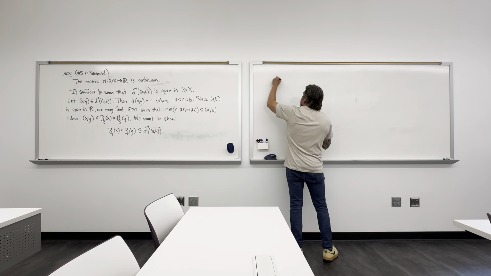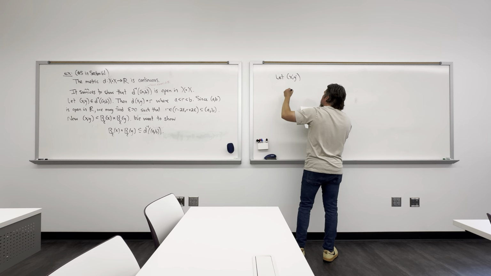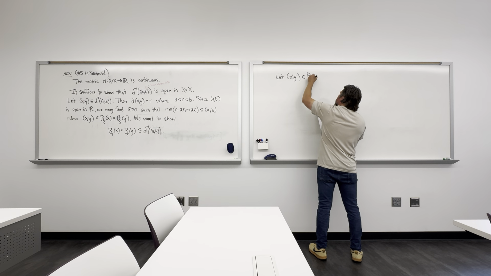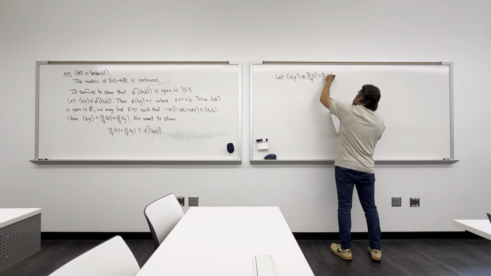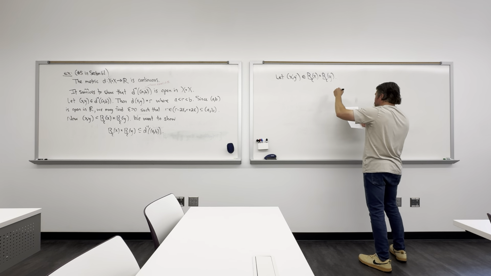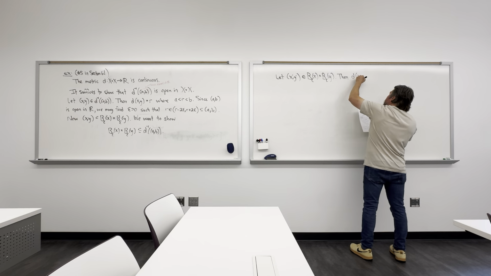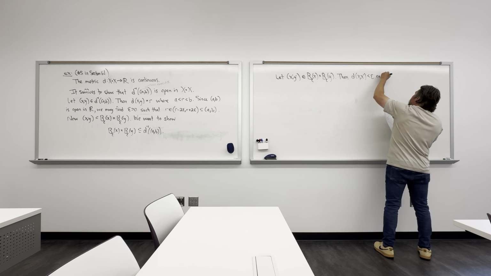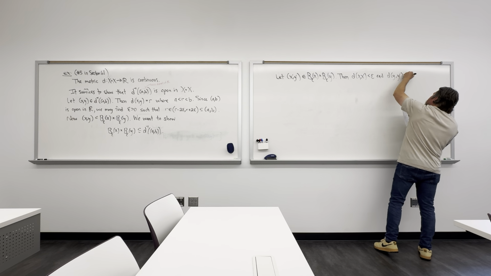Okay, so let's argue that. What I'm going to do is pick an x prime, y prime in this product set here. Then we know that d of x prime, x is less than epsilon, and d of y prime, y is less than epsilon.